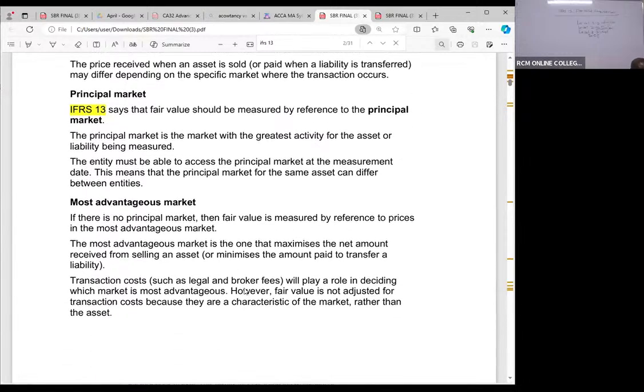Transaction costs such as legal and broker fees will play a role in deciding which market is most advantageous. However, fair value is not adjusted for transaction costs because they are characteristic of the market rather than the asset. Transaction costs can help us when ascertaining the most advantageous market, but we shall always exclude them when getting the fair value.